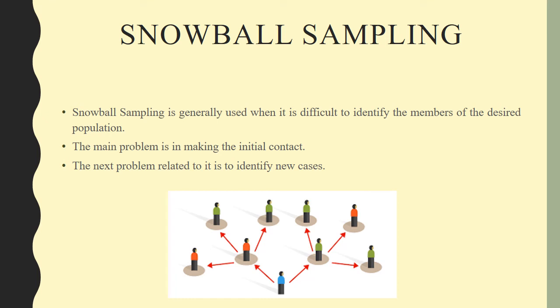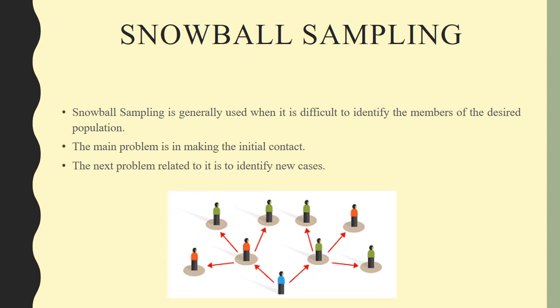Under this design, each respondent after being interviewed is asked to identify one or more in the field. See, it becomes very difficult, right? If you want to identify families with triplets, can you easily get this particular population sample? How can you take it? So while you are trying to take the samples, what you do is try to do it like a snowball.